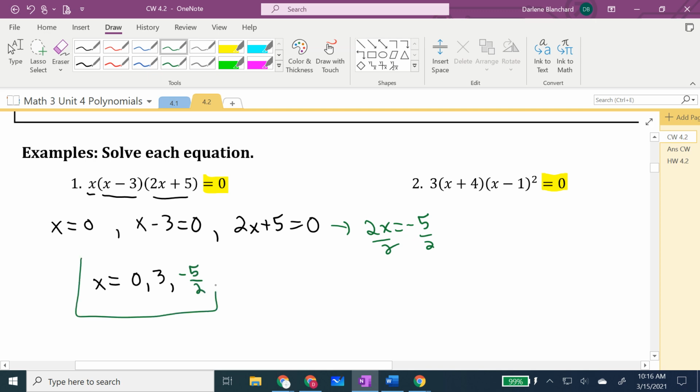And I'm not going to be picky about how you write your answer because there are some technically mathematical ways to write this. And just so you're aware of that, it's basically to put a set notation around it. I do not expect you to do that. You can just list the answers and that's fine.